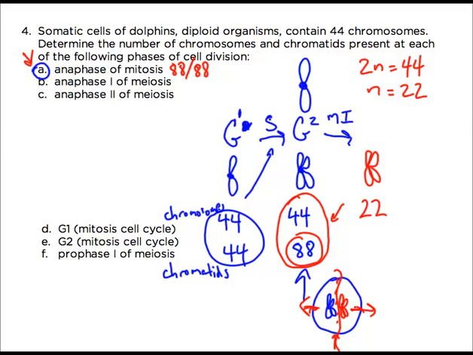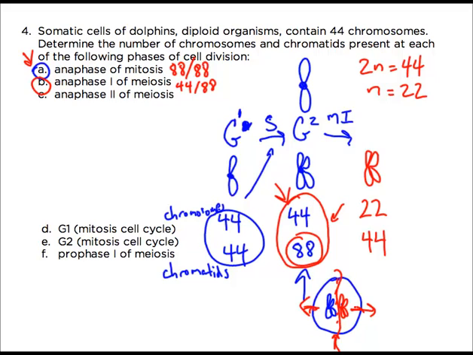We still have doubled chromosomes, but only 22 of them, and a total of 44 chromatids. But if we're asked about anaphase 1 of meiosis, or really any stage of meiosis 1, we're going to end up with the same number as here: 44 chromosomes, 88 chromatids.